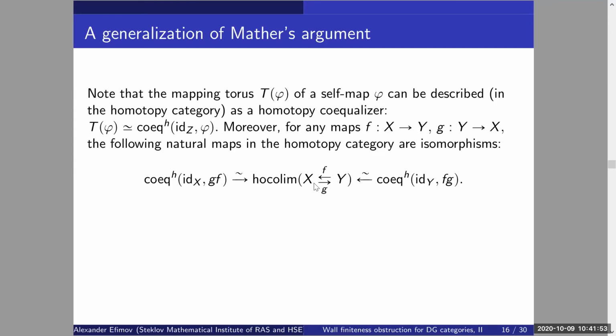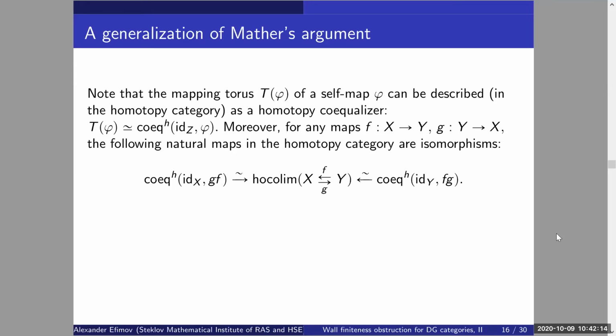Here, I mean that we take the category with two objects freely generated by two morphisms in opposite directions. So we have a functor from this category to topological spaces, and we take the homotopy co-limit of this functor. And we have the natural maps from the co-equalizers to this homotopy co-limit.